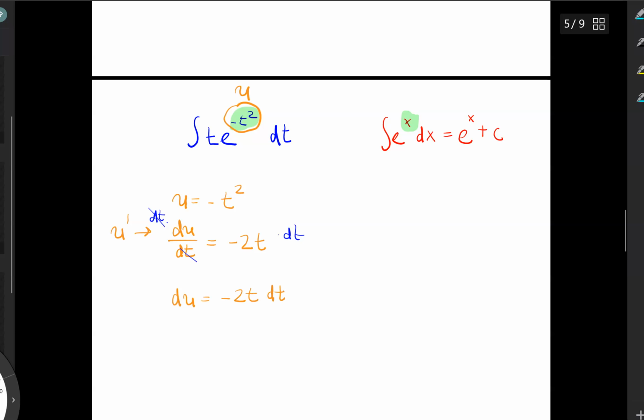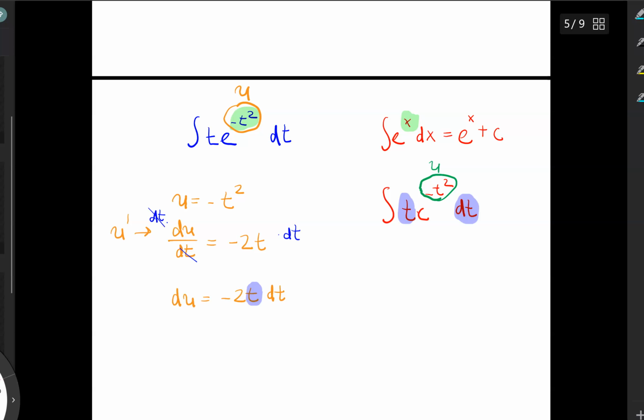And this is where it gets different. Here, it's just a different mindset. So before, I had to use what I was given, right? So before, when I looked at this and I said, okay, I have t e to the negative t squared dt, I replaced my exponent with a u. And the only things left to use were the t and the dt.